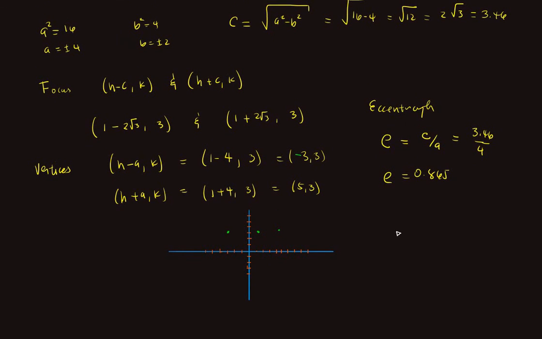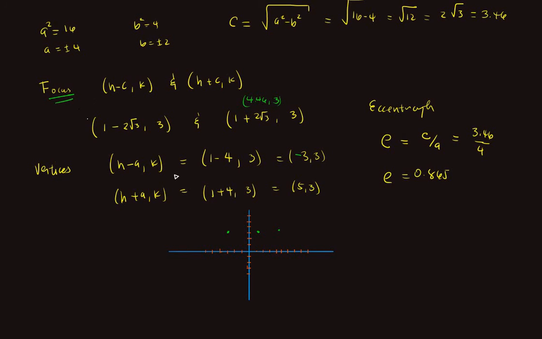Yeah, we got it there. It's actually not minus 3.46 again. It's actually these numbers, where the first one will be 1 plus 3.46, which is 4.46 and 3. That's the focus, right?